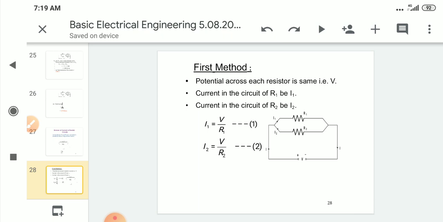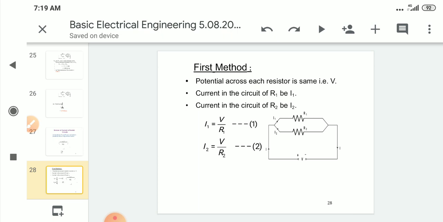Here, in this first method, the potential difference across each resistor is the same. V is the same. Current in the circuit of R1 is I1. Current in the circuit of R2 is I2. So, I1 is equal to V by R1.